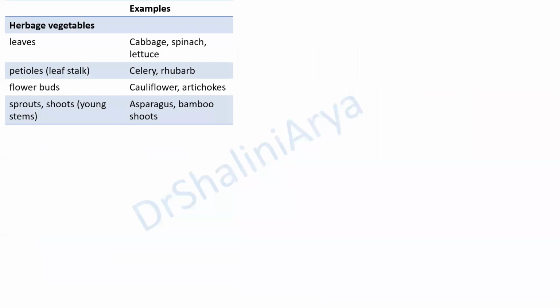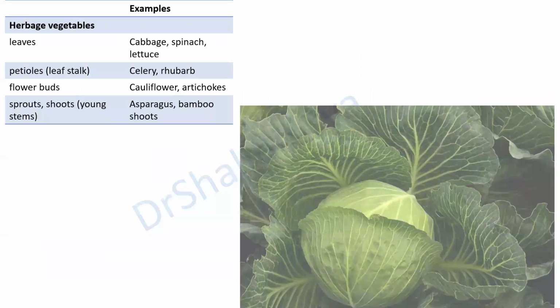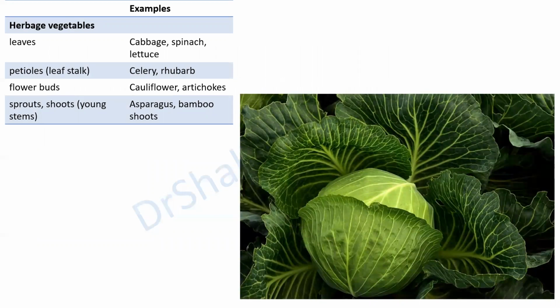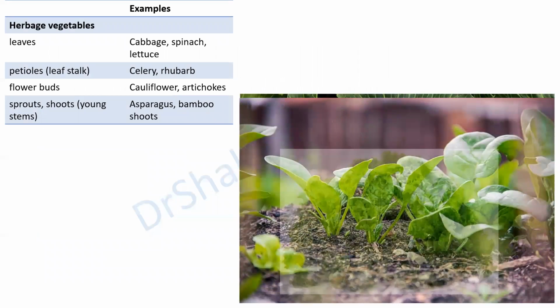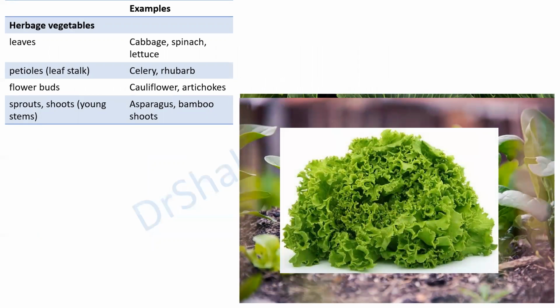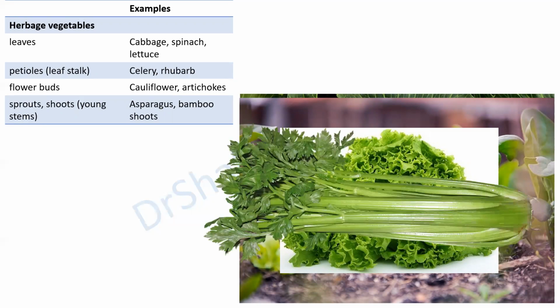Likewise, you have herbage vegetables, which are leaves, and the examples are cabbage, spinach, and lettuce. Further, leaf stalks in the form of petioles are generally consumed.